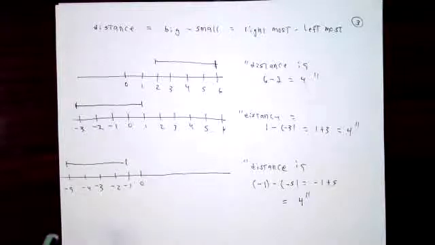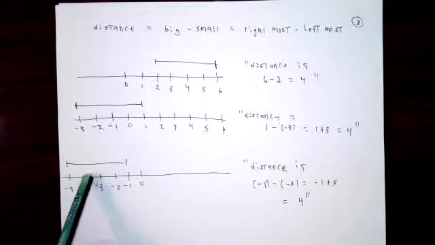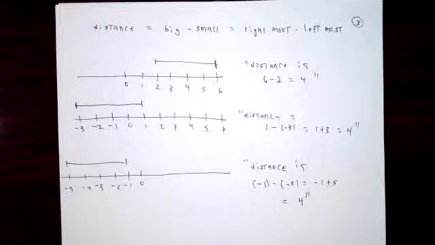And as before, the distance is 1, 2, 3, 4 units of distance, as it should be. What I'm wanting to get across is I don't care if some of the numbers are negative. It doesn't make any difference. It's bigger number minus smaller number for the distance on the number line.